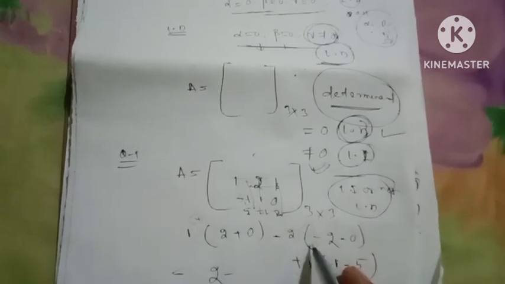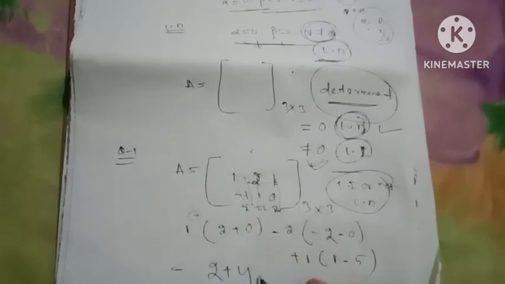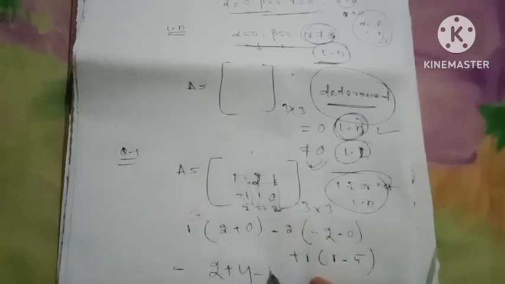This will be plus 4 and this will be 5 to 1: minus 4 plus 4 cancels and this will be 2.